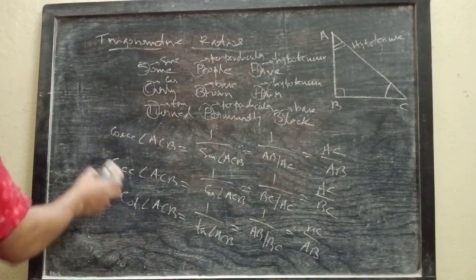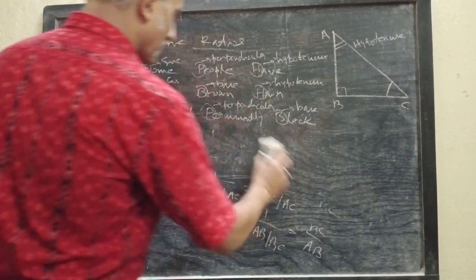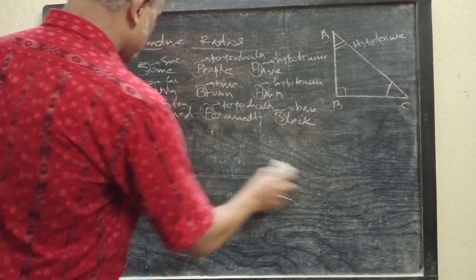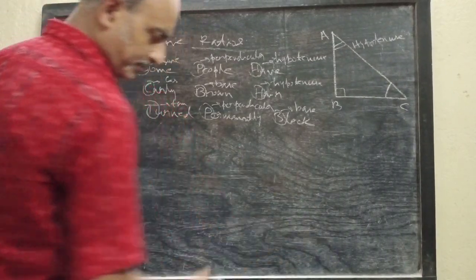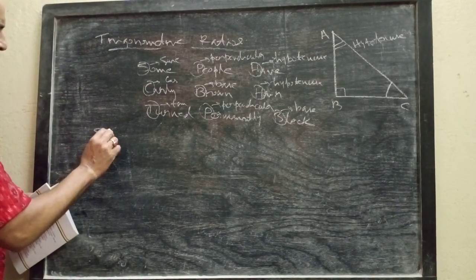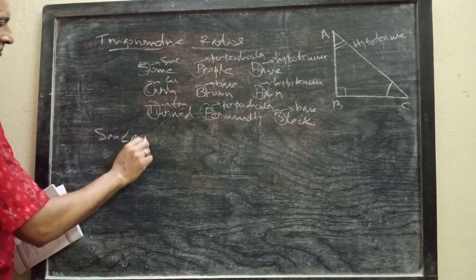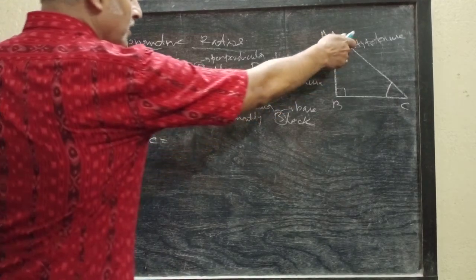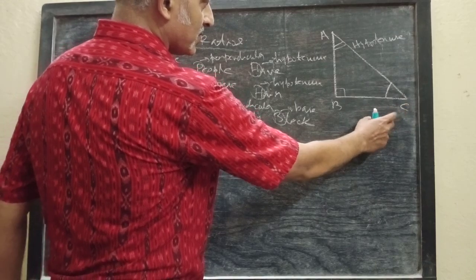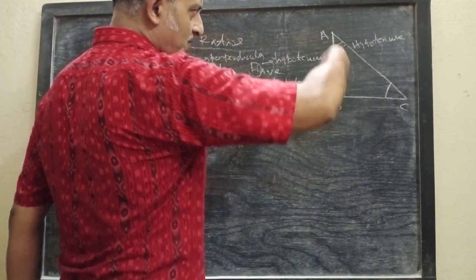Next, I am writing the ratios with respect to the angle BAC. Sine angle BAC. When angle BAC is concerned, your perpendicular will be BC because the opposite side is BC, and base will be AB.